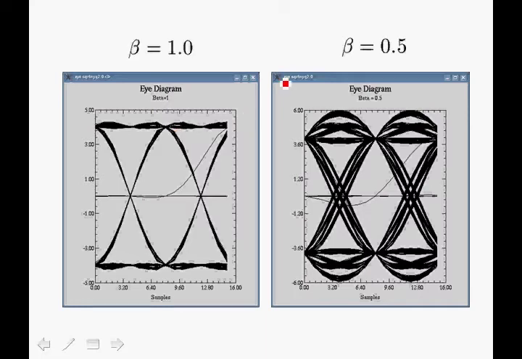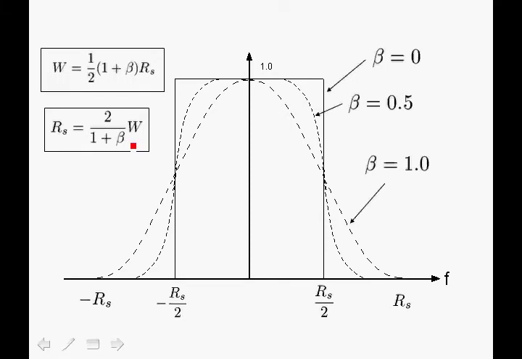However, notice that for the case where beta is less than 1, we achieve a higher symbol rate over a fixed bandwidth channel. So there's a trade-off: increase the symbol rate at the expense of intersymbol interference due to clock jitter and timing errors, or reduce the throughput and be more immune to clock jitter errors.